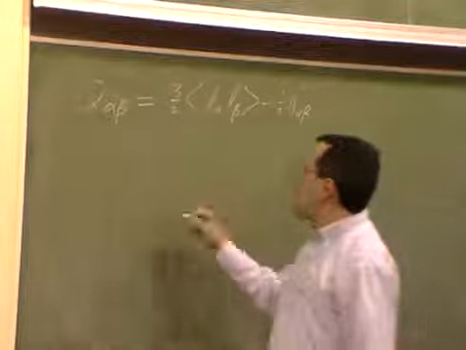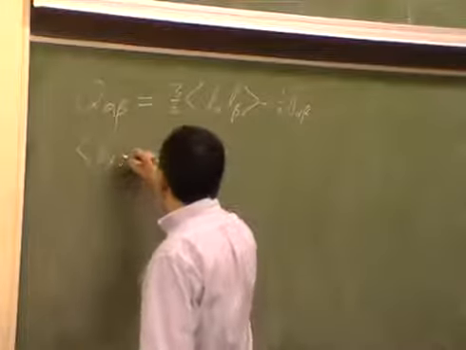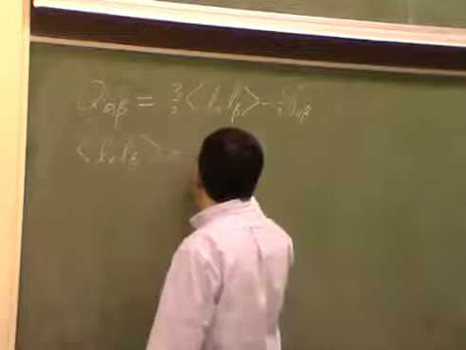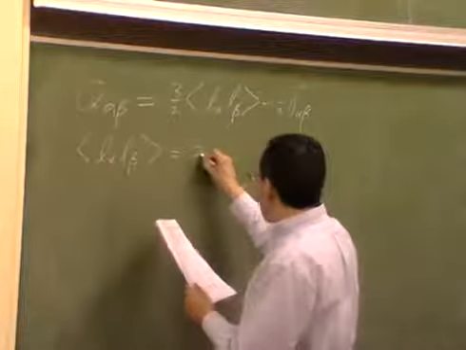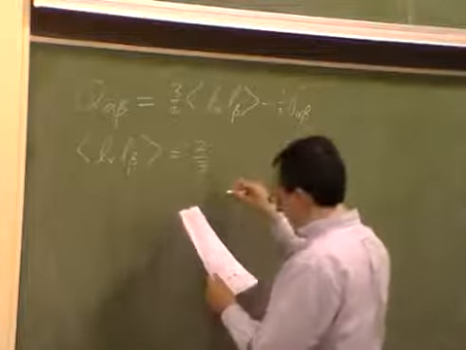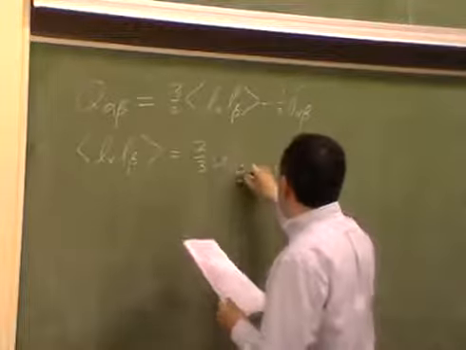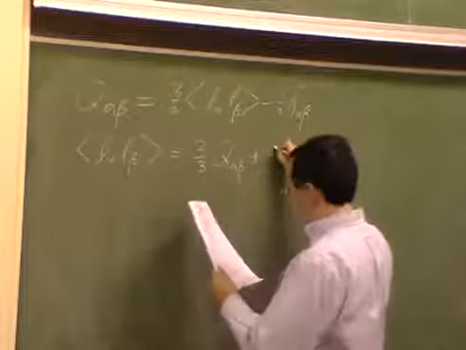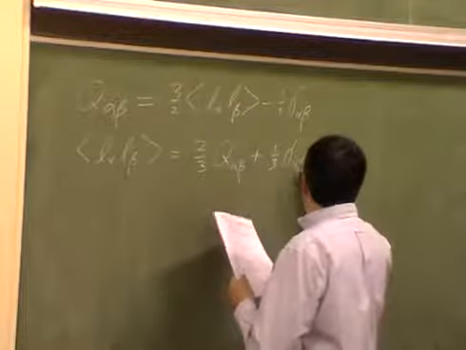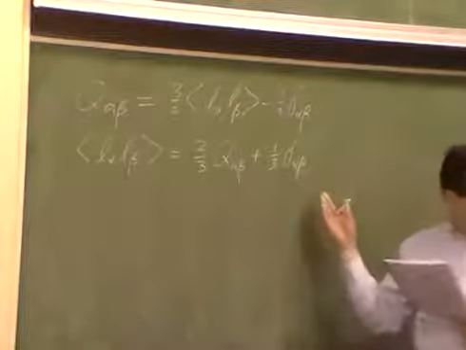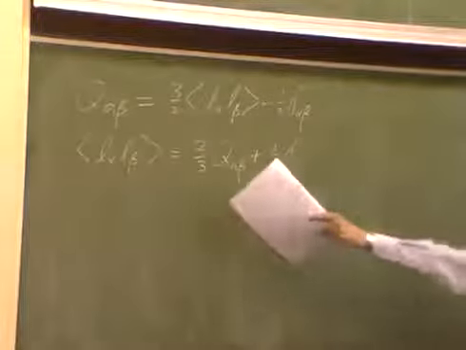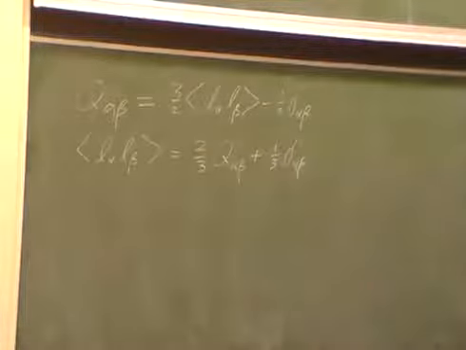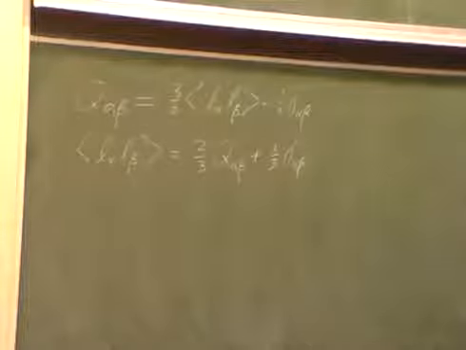And so the average of L alpha L beta is 2/3 Q alpha beta plus 1/3 delta alpha beta, and it's for any molecule. And so I can take this thing and plug it into here.